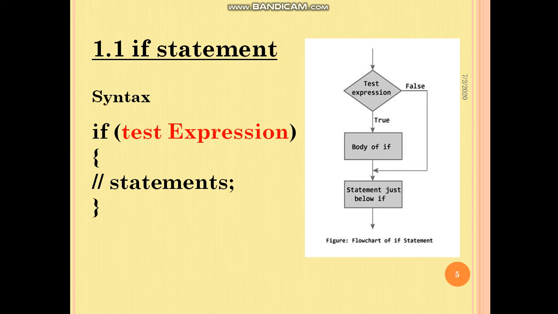In the syntax of the if statement, you can see that if is the reserved word, and within the parentheses you can see a test expression and then the body, and within the body you have different types of statements. The test expression is first tested.